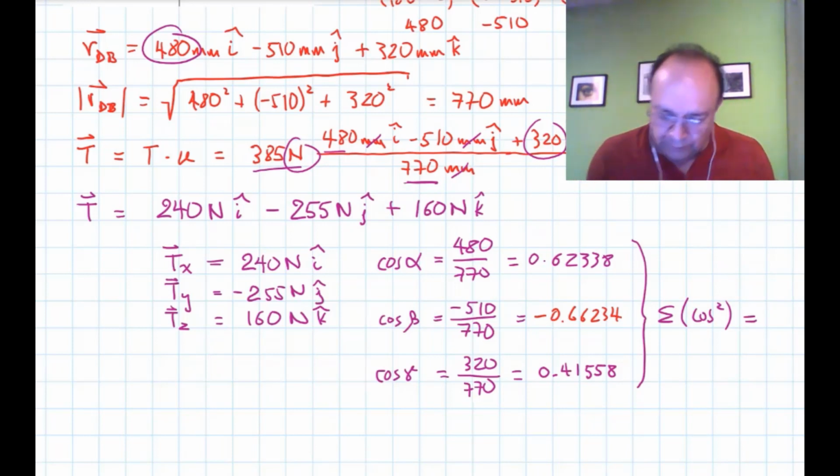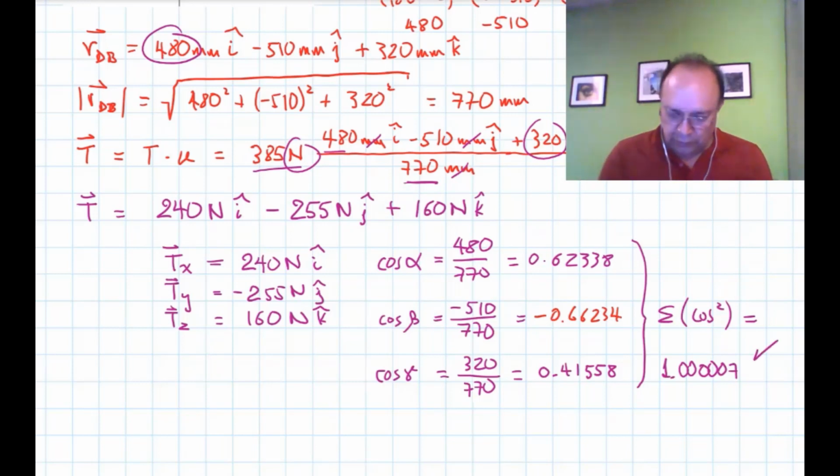If I have 0.41558 squared plus 0.66234 squared plus 0.62338 squared equals 1.0000007.